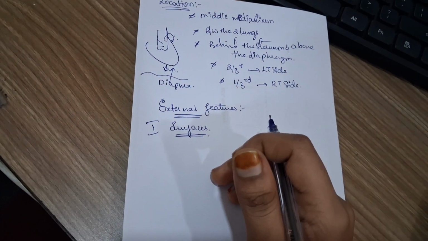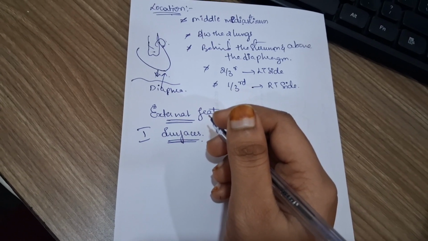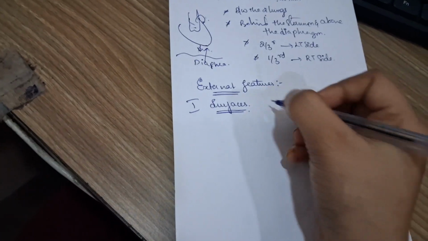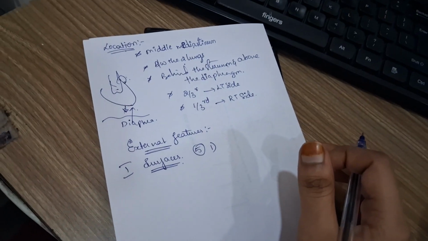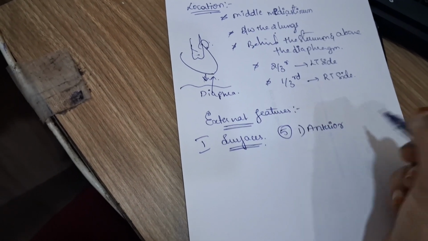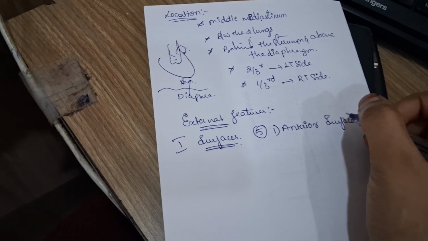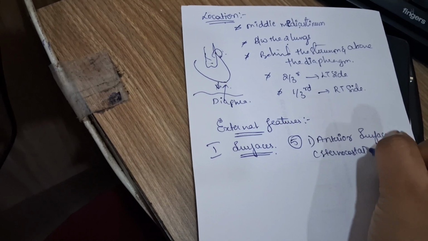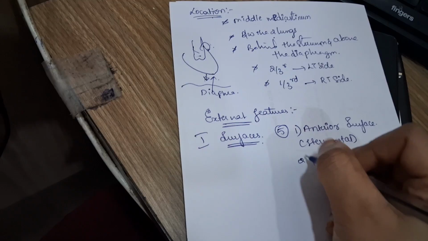So let's move towards the surfaces. Surfaces mainly consist of 5 types. The first one is the anterior surface, also called the sternocostal surface.